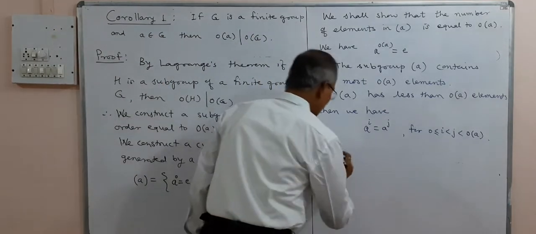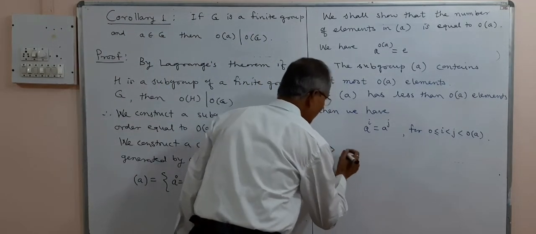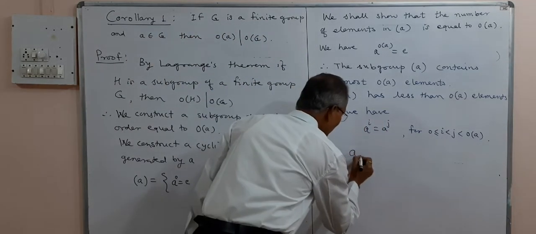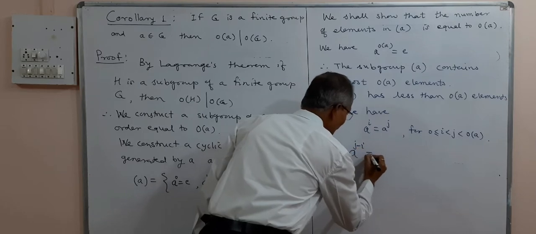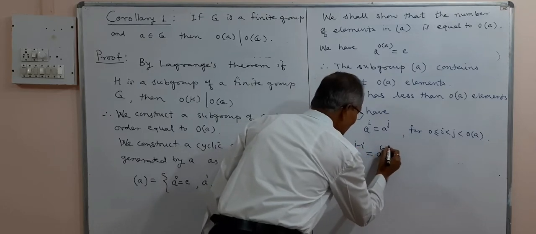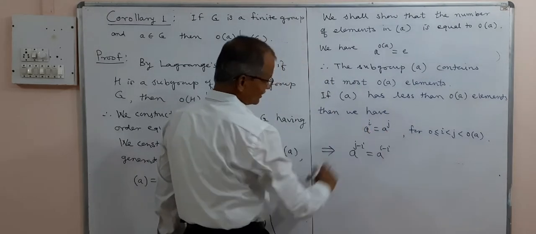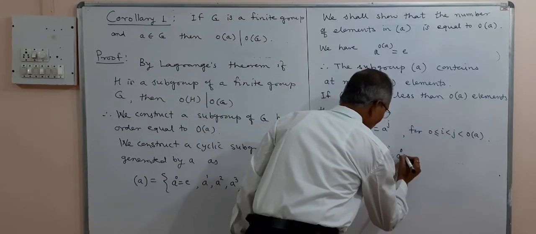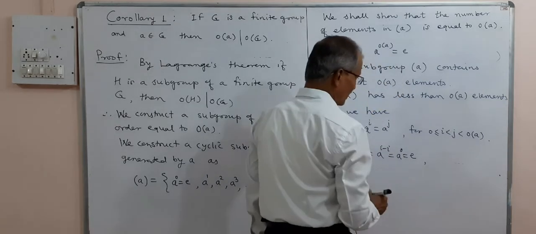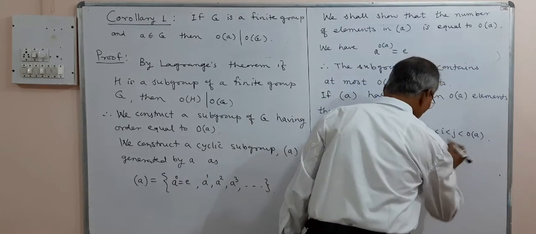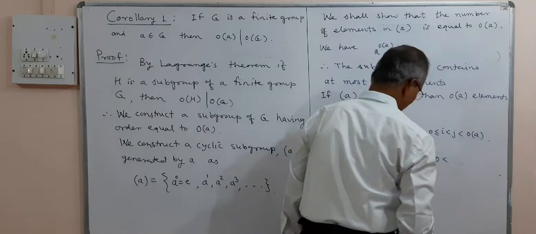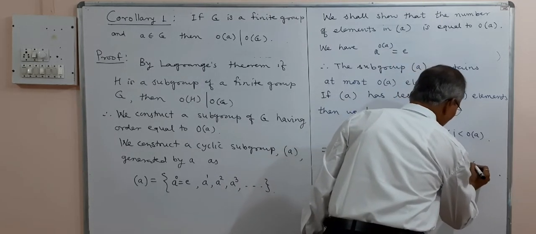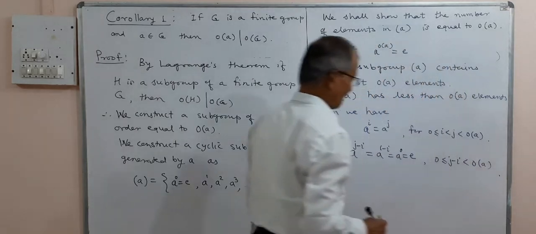Then we multiply both sides by a raised to minus i, and this gives a raised to j minus i equals a raised to i minus i, which is a raised to 0, equal to e. Here the condition is 0 less than or equal to j minus i less than order of a.